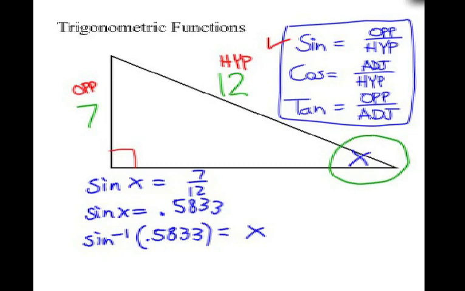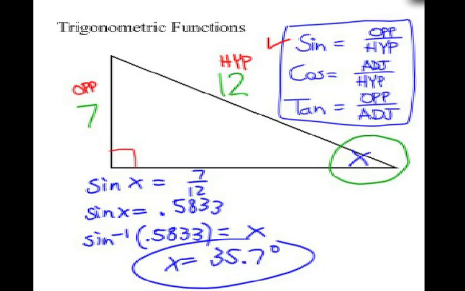So when I input that number in my calculator, 0.5833, I find the inverse sine button, and it goes in reverse and tells me that my missing angle must be 35.7 degrees. So I would have to have a 35.7 degree angle on that triangle to force a leg of 7 and a hypotenuse of 12. That's the only way to get all the measurements worked out.